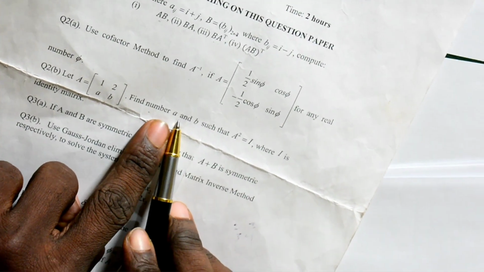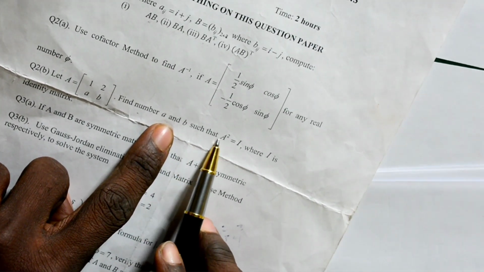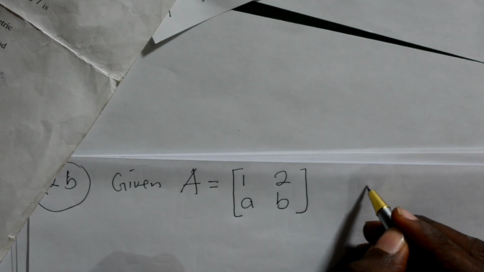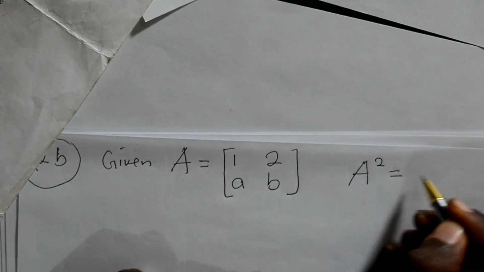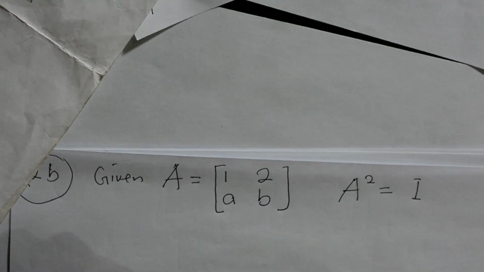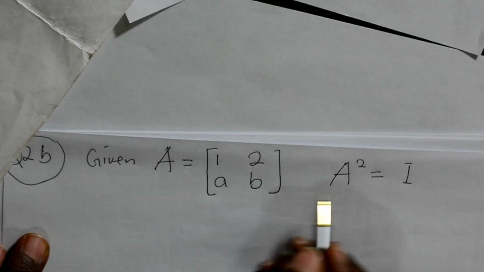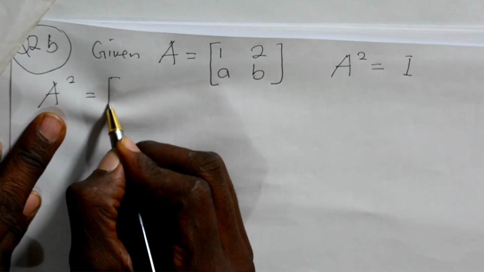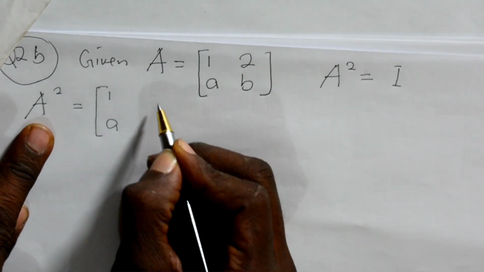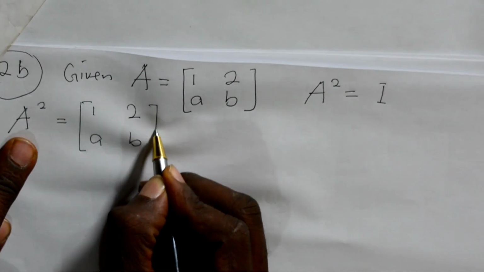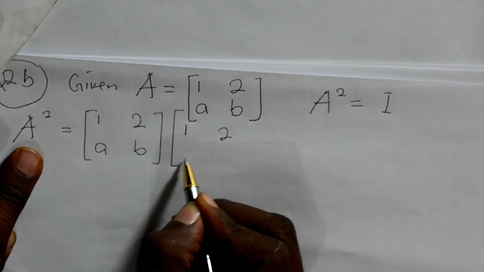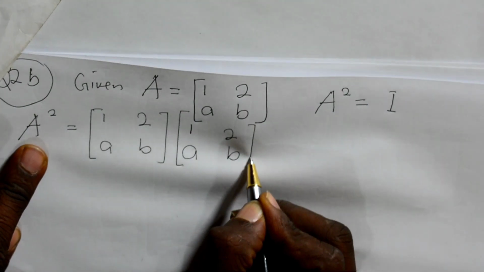And this says in the question, find numbers a and b such that A square is equal to I. So now A square is equal to I. So we are going to open this matrix as A square will be this matrix 1, a, 2, b times the same matrix 1, a, 2, b.